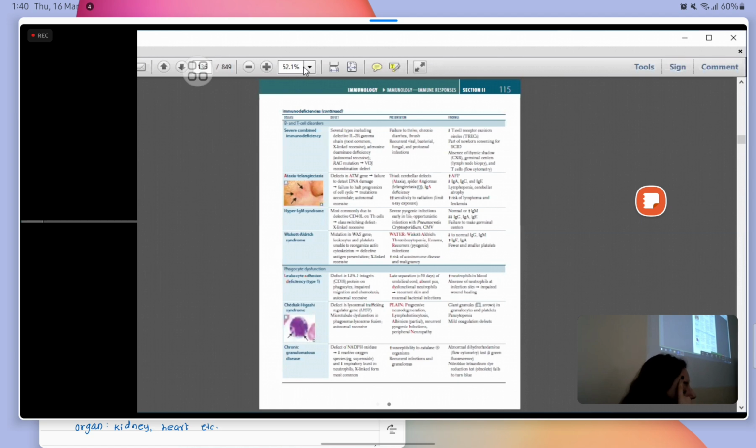During Wiskott-Aldrich syndrome, we have also defect in our thrombocytes, which means that we will have increased risk of bleeding because thrombocyte platelets are essential to do the coagulation. Yes, so in Wiskott-Aldrich syndrome, together with immunodeficiency, you will see increased risk of bleeding, and you will see that if you check the blood of the patient, you will have low levels of thrombocytes.